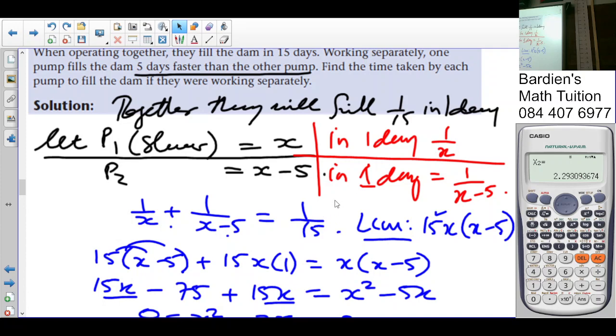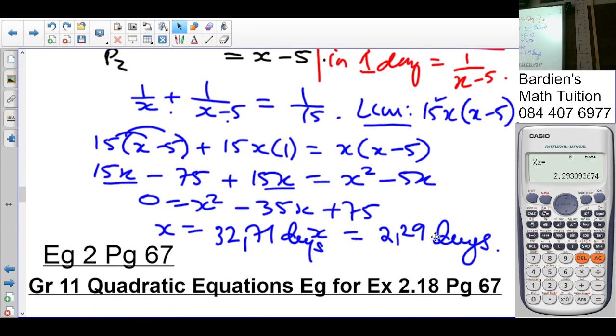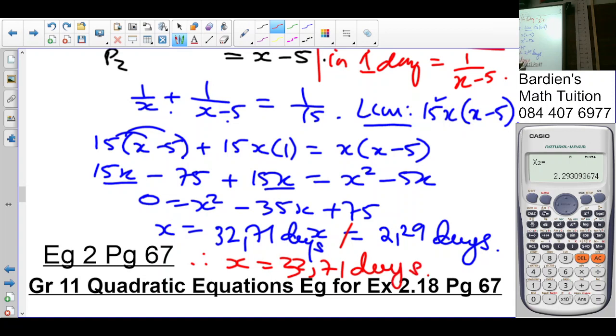Not so? So is it possible for it to be this one? No. So that one is out. So therefore, x, the number of days it will take the slower pump, will be 32,71 days, while the faster pump is 5 less than that.